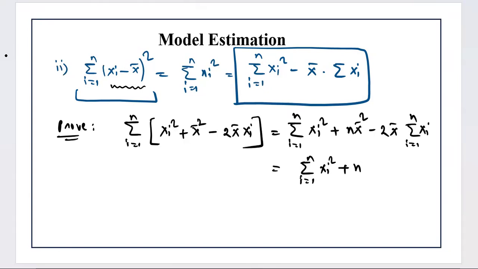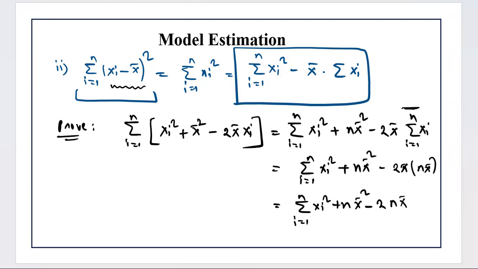Now plus n x bar squared, and now again instead of this x bar summation, write n x bar. So it will be summation i from 1 to n xi squared plus n x bar squared, and it will be minus 2n x bar squared. So summation i from 1 to n xi square minus n x bar square, right? This is the form that we got.